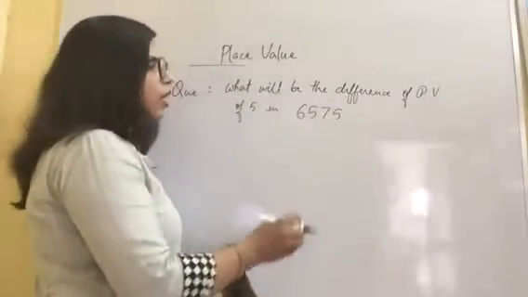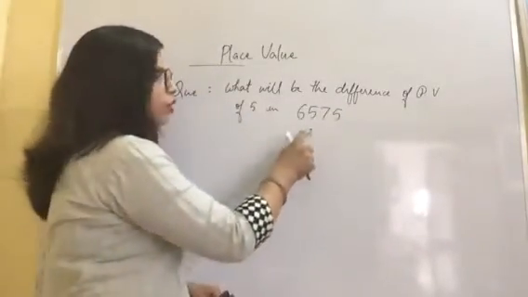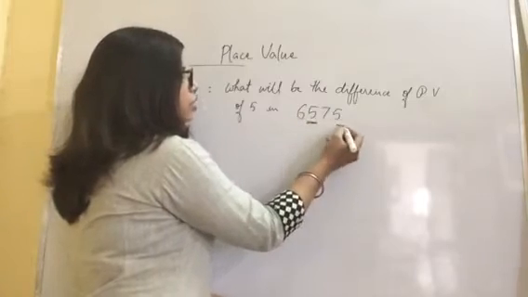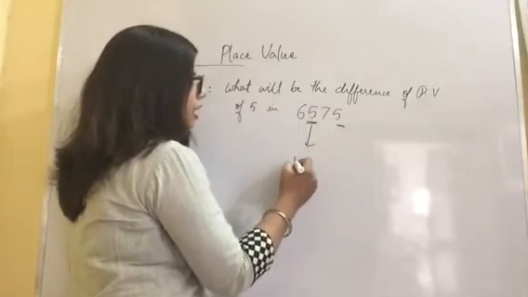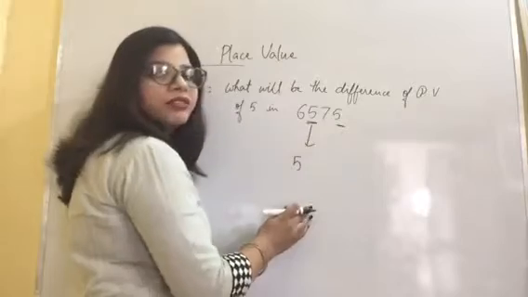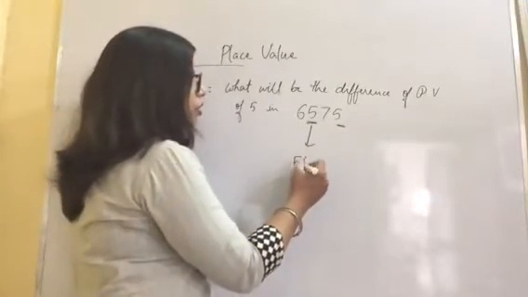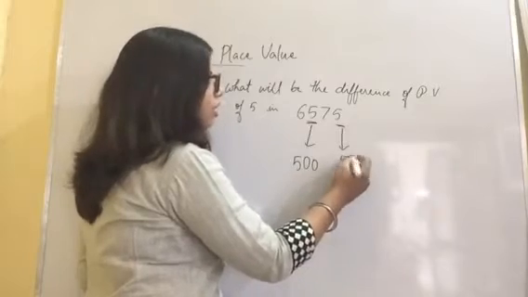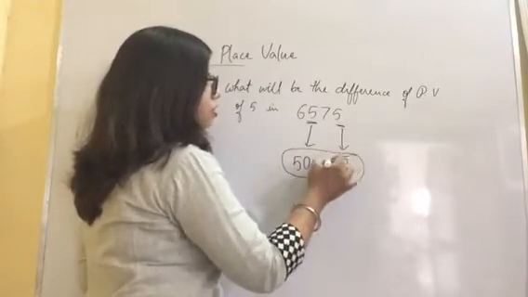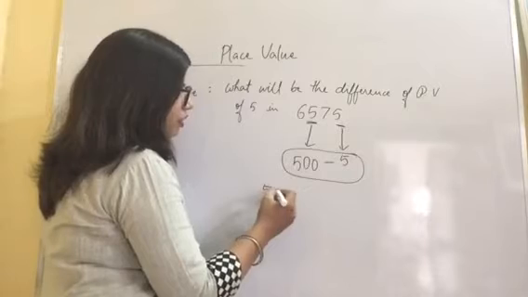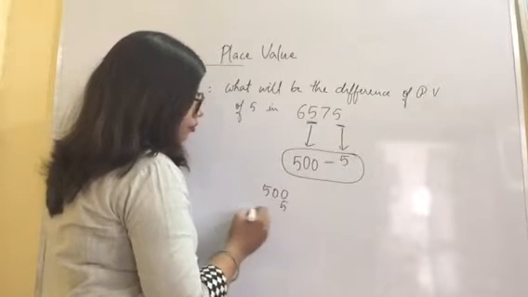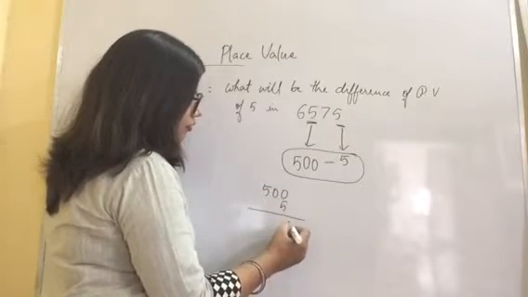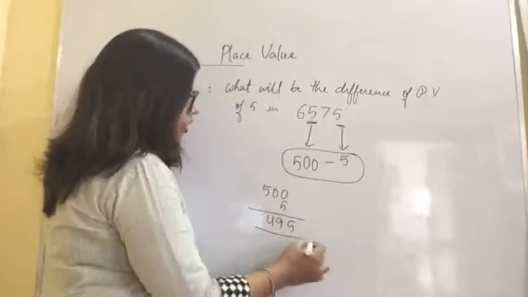This is the number, and you have to find the difference of place values of both the 5s. So this 5, we will write this 5, and how many digits after this? 2 digits. So we will put 2 zeros, and the place value of the unit digit 5 is 5 only. We have to find the difference of this, so we will subtract it and we get the answer. It will be 495.